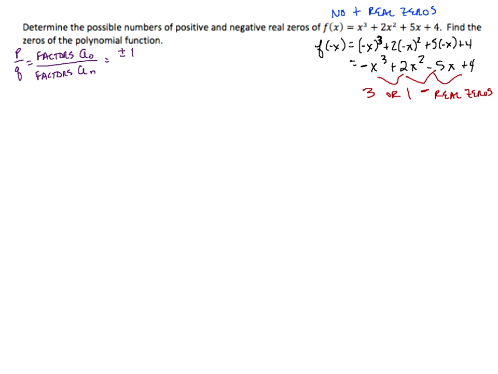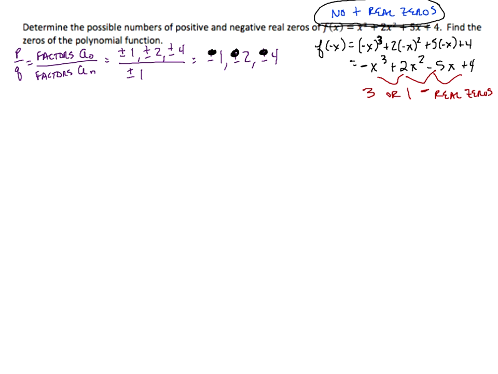So we have positive negative 1, positive negative 2, and positive negative 4. However, we don't have to try positive 1, positive 2, or positive 4 because we know we're not going to have any positive real zeros. So you've cut your work in half with this particular one.